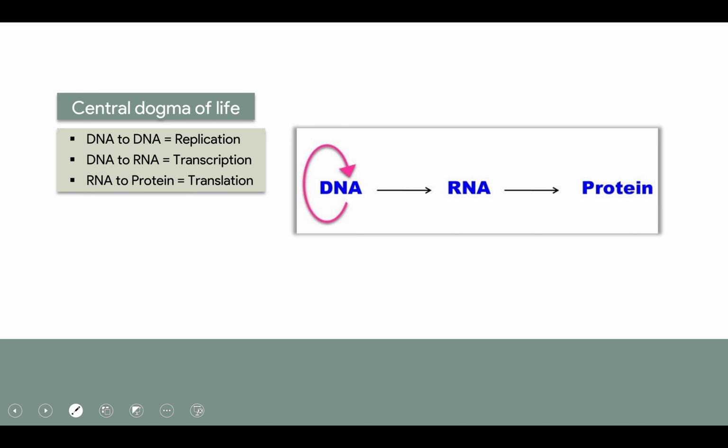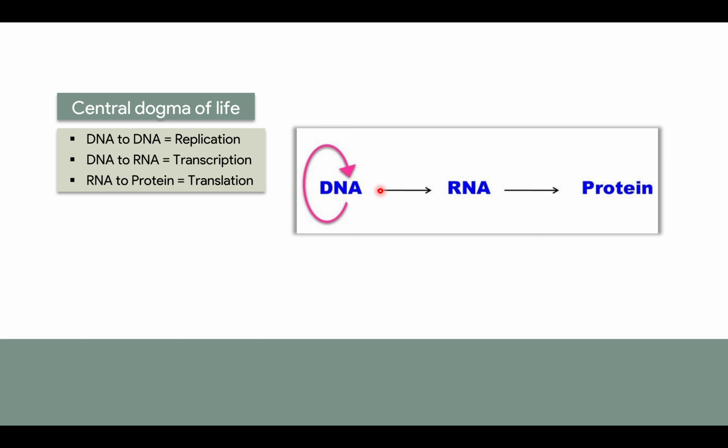Now, there's the central dogma of life. The central dogma tells us about the interrelationship between the three biomolecules, that is DNA, RNA, and protein. When DNA is formed from DNA, it's called replication.